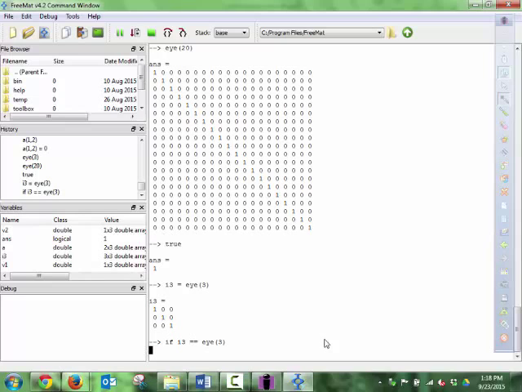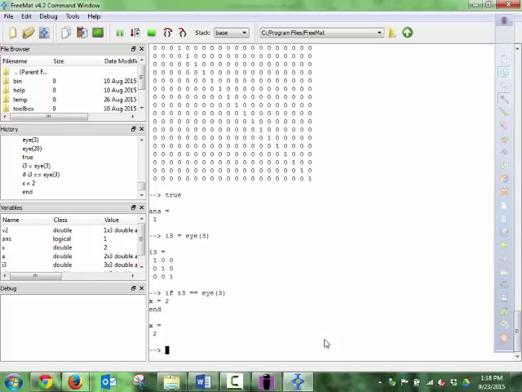Can I print here? Print F. Anybody know MATLAB? You can create a Boolean variable and assign that. No. I'll just say x equals 2. So I3.